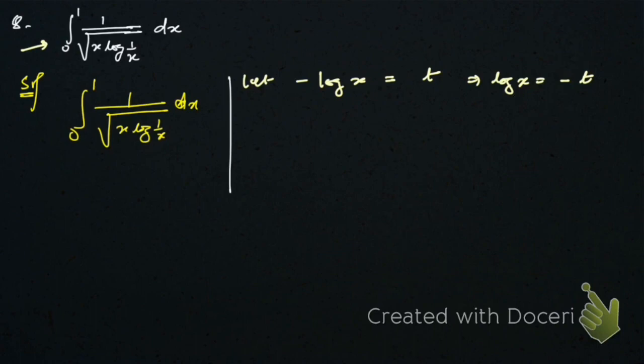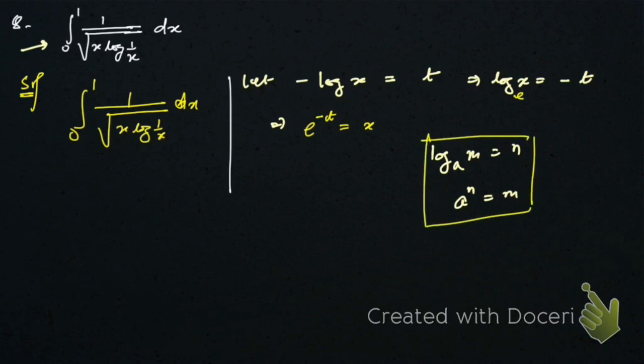Now you know this property of log, that log m base a is equal to n means a to the power n is equal to m, right? So here we have the base e, so it will be e to the power minus t, which is equal to x, from this property. Hope you have understood this.